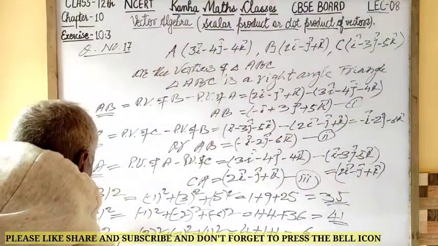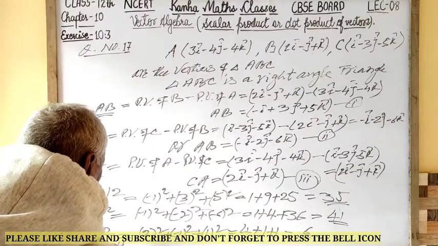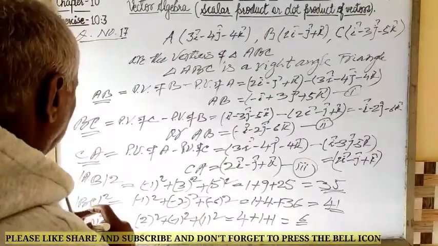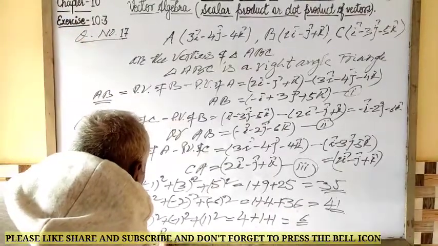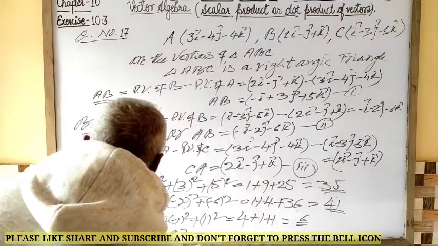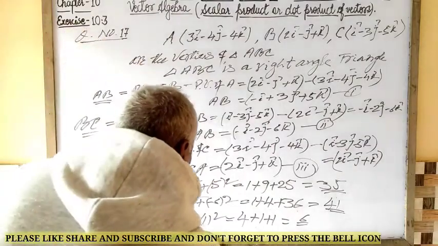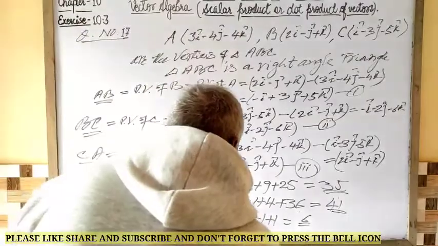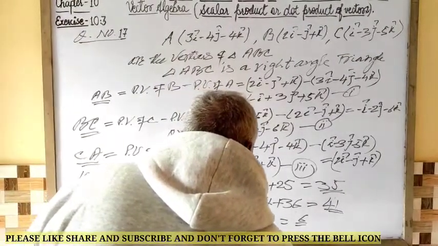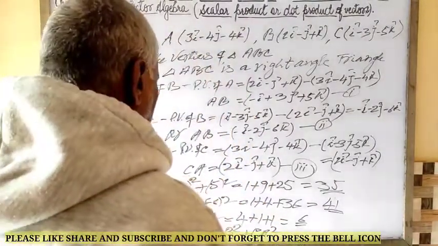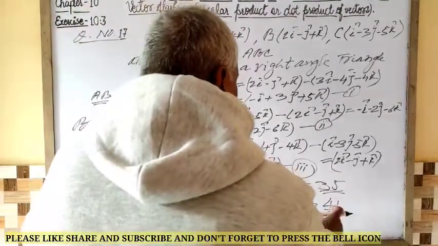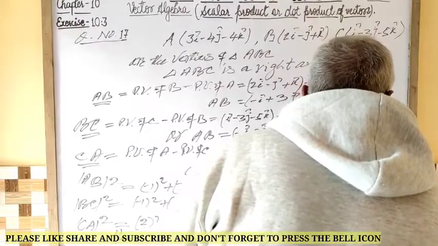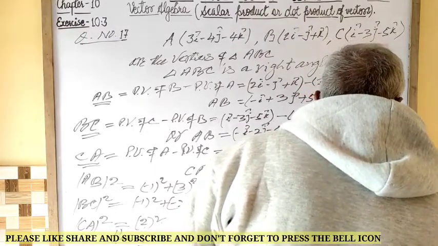Hence BC square is equal to AB square plus CA square, because 35 plus 6 is 41.